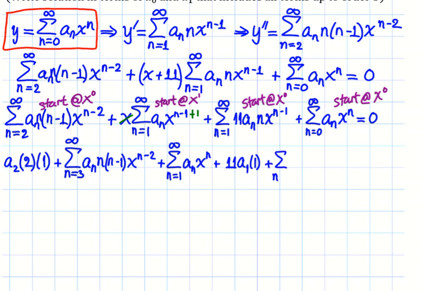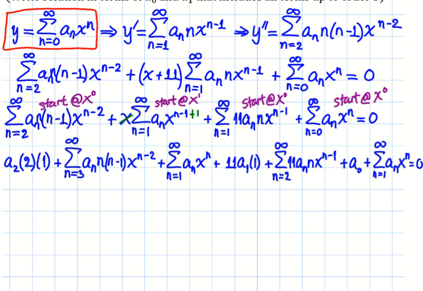So now the series can start from 2 to infinity, and the rest stays the same. And the final series, we have to split out a naught x to the 0 power. So the series can start at n equal to 1 to infinity, a sub n x to the n equal to 0.